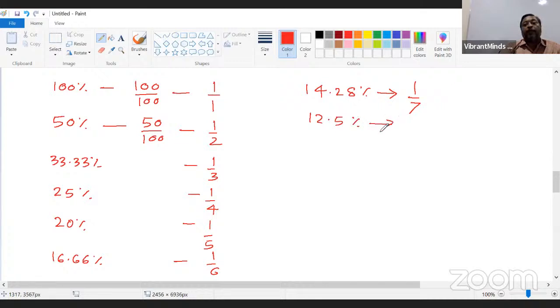12.5%, the fraction is equivalent to 1 by 8. 11.11%, the fraction is equivalent to 1 by 9. 10%, the fraction is equivalent to 1 by 10. These are the basics which you must have.